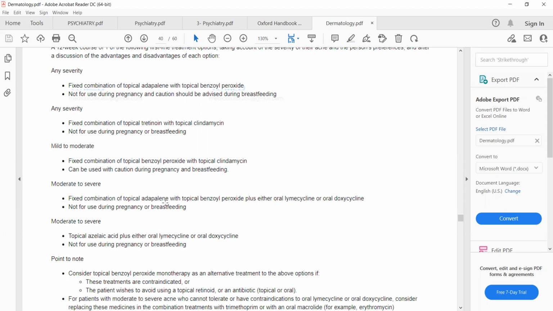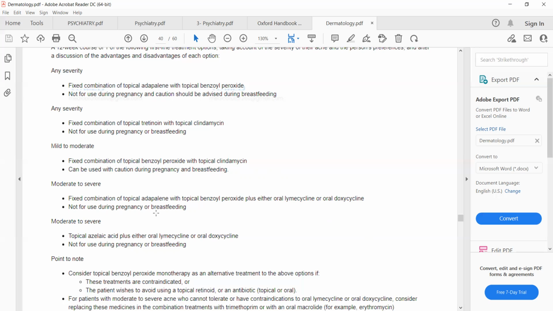One is topical adapalene and topical benzoyl peroxide plus oral doxycycline. So for moderate to severe acne, we need to give oral antibiotics such as oral doxycycline, and along with oral doxycycline, we can prescribe benzoyl peroxide and topical adapalene so that resistance in the bacteria against the antibiotic does not occur.